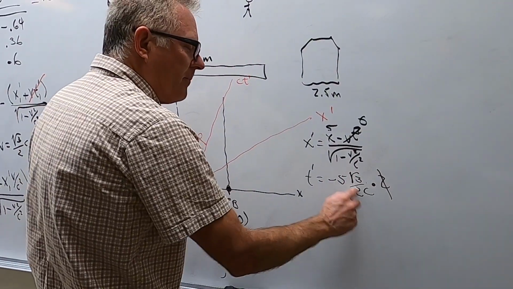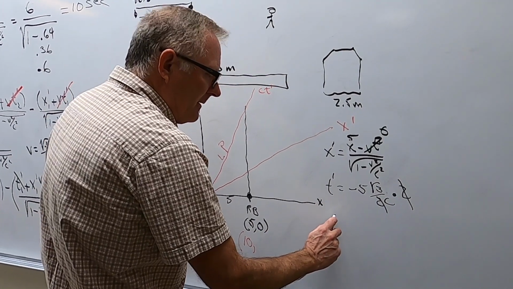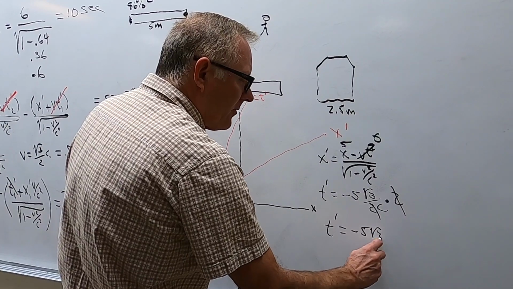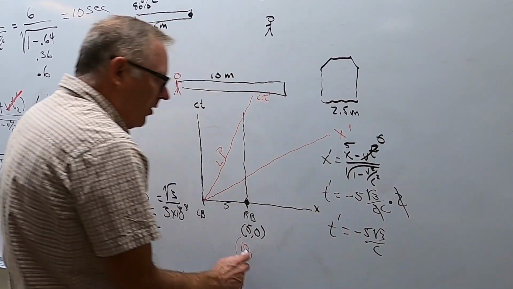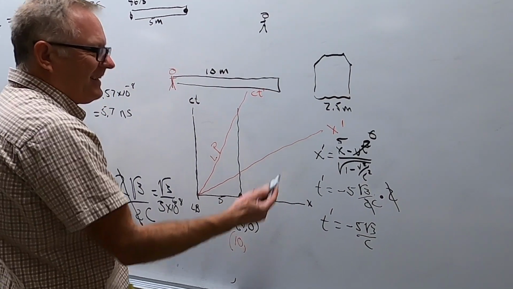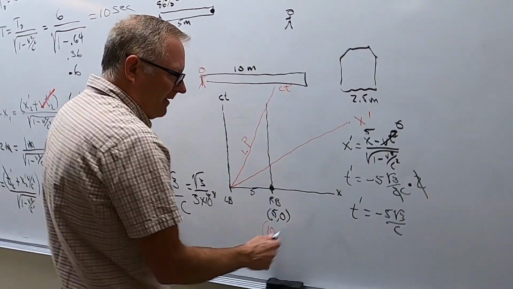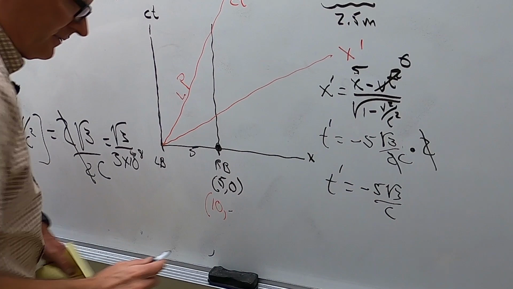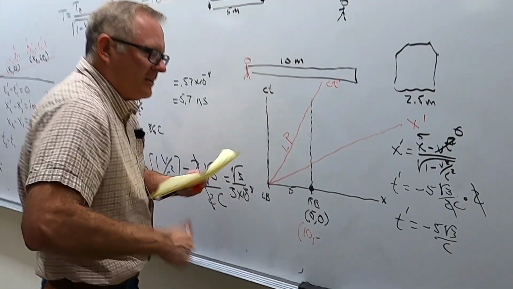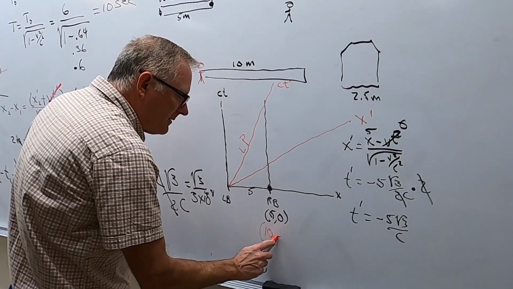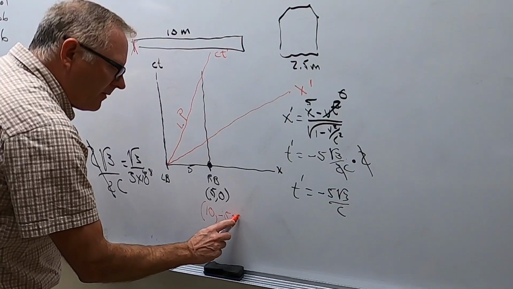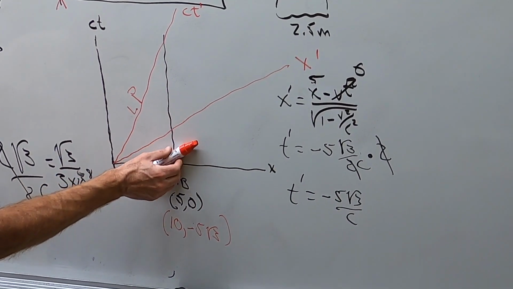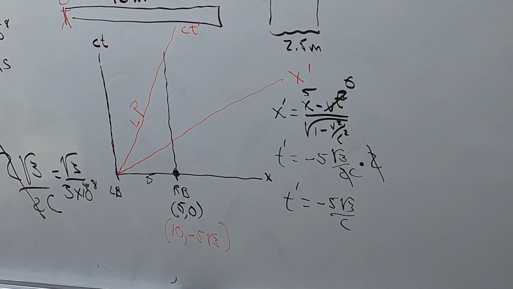The 2's drop out, and you get t prime is equal to minus 5 square root 3 all over c. Or if you wanted to plot out ct, you could get rid of the c. So this point would really be minus 5 square root of 3. It's a negative number. We said it should be negative. You're coming down this way, right here.